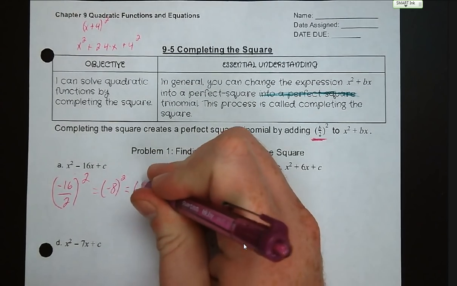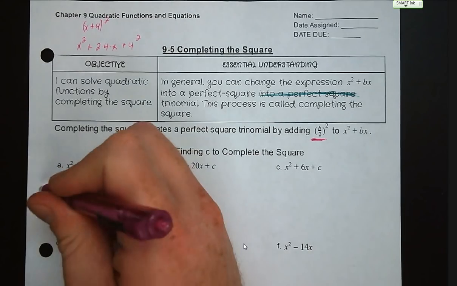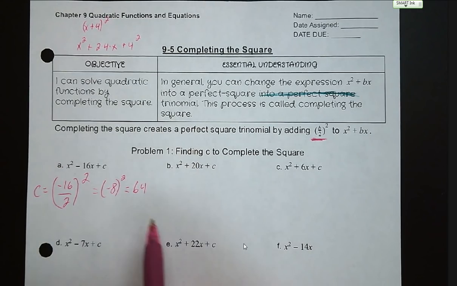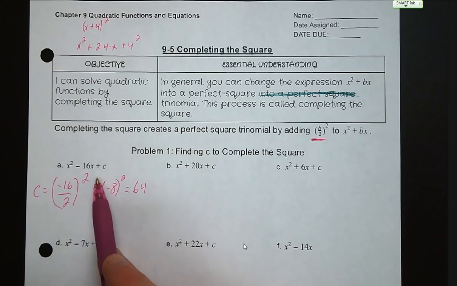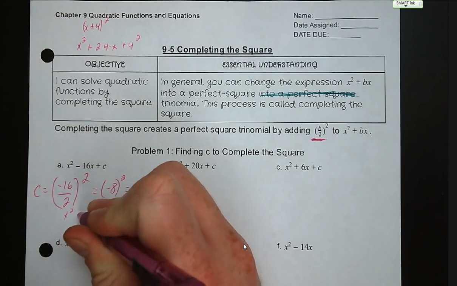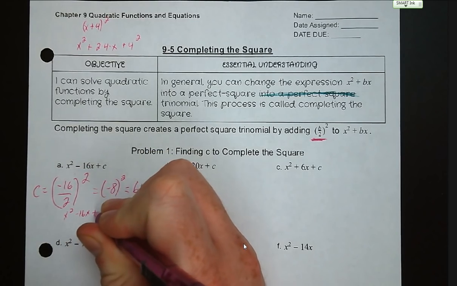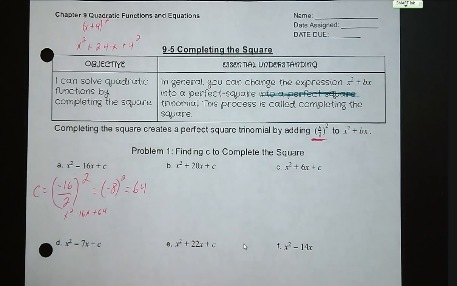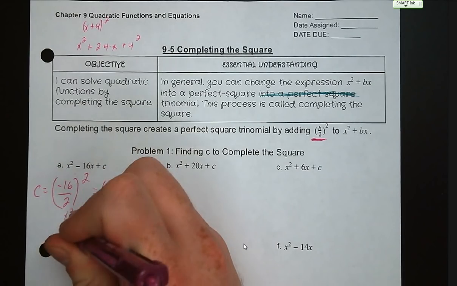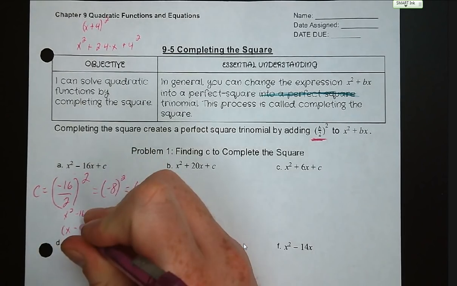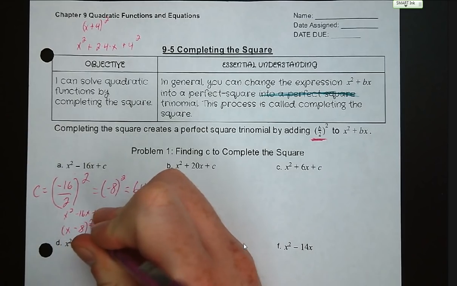And so we end up with 64. So c equals 64 for problem A. That would be a perfect square trinomial, right? If we had x squared minus 16x plus 64, when we factor that, we get x minus 8 squared.